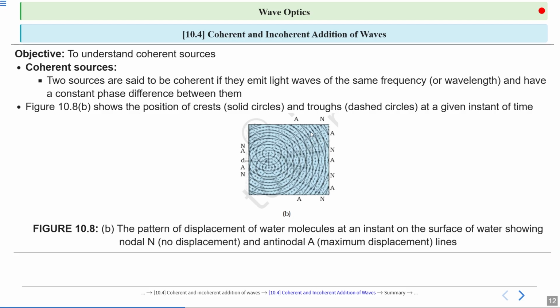And when a crest of one wave is lying on the trough of another, you can see this dashed line meeting the solid line, destructive interference is happening, due to which there is zero displacement and nodes are forming.